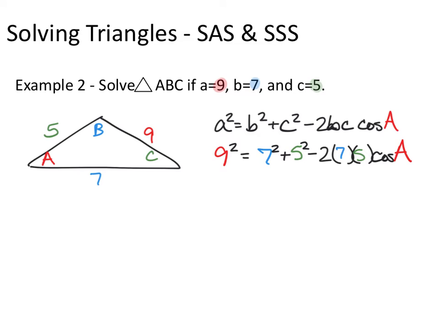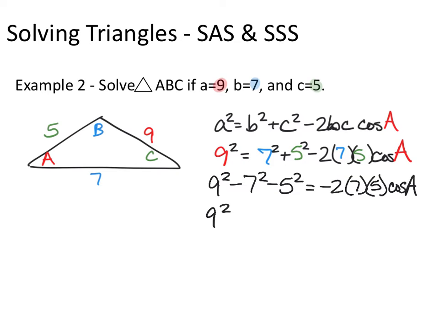Cool. Let's move some things around. This is going to be 9 squared minus 7 squared minus 5 squared equal to negative 2 times 7 times 5 times the cosine of A. And then we're going to divide by negative 2 times 7 times 5 to get the cosine of A by itself.